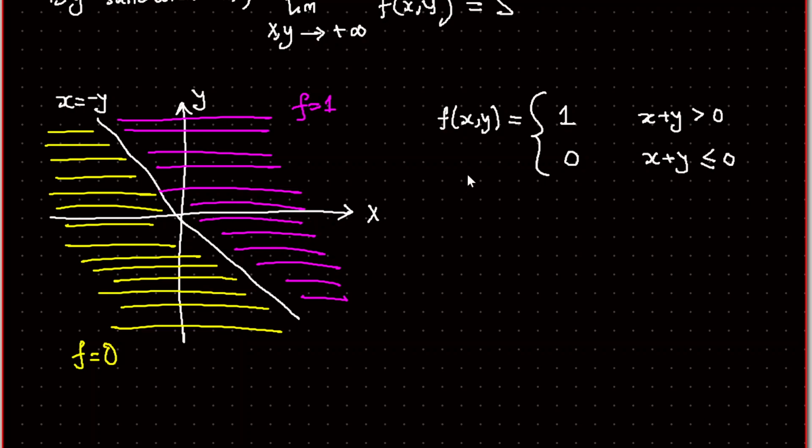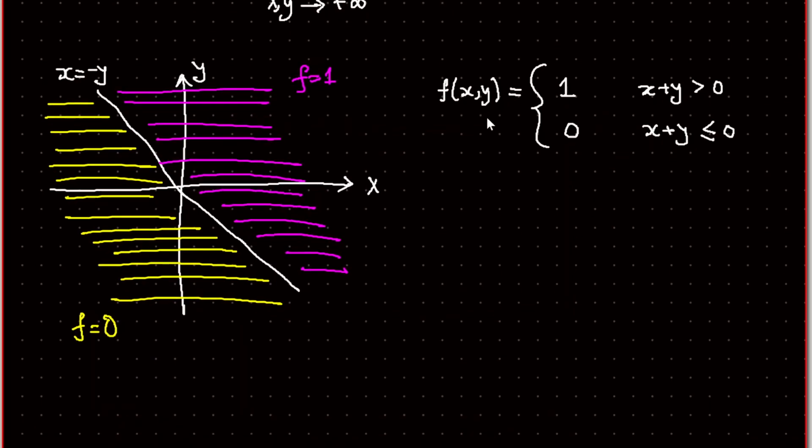Okay. Then now we need to compute the limit x going to positive infinity, y going to negative infinity, f of x comma y. We'll show that this does not exist by taking two different relations on x and y.